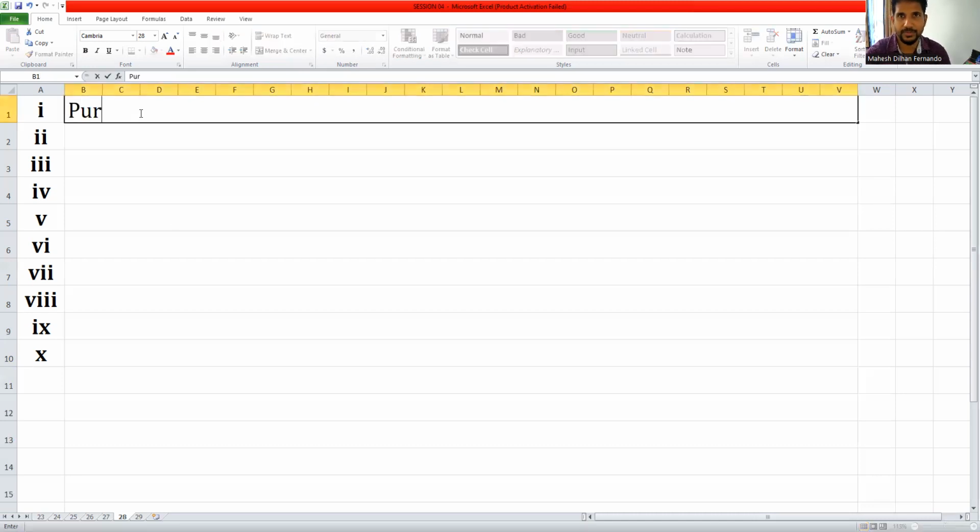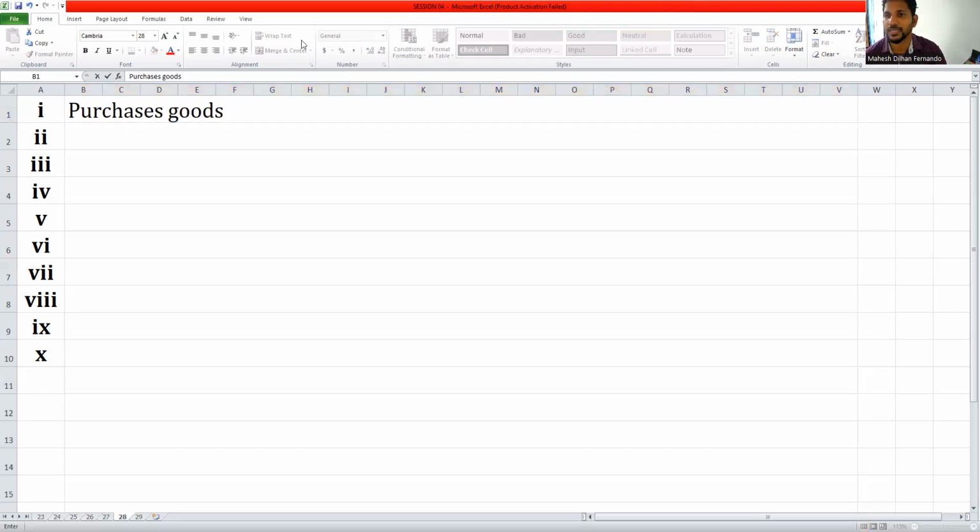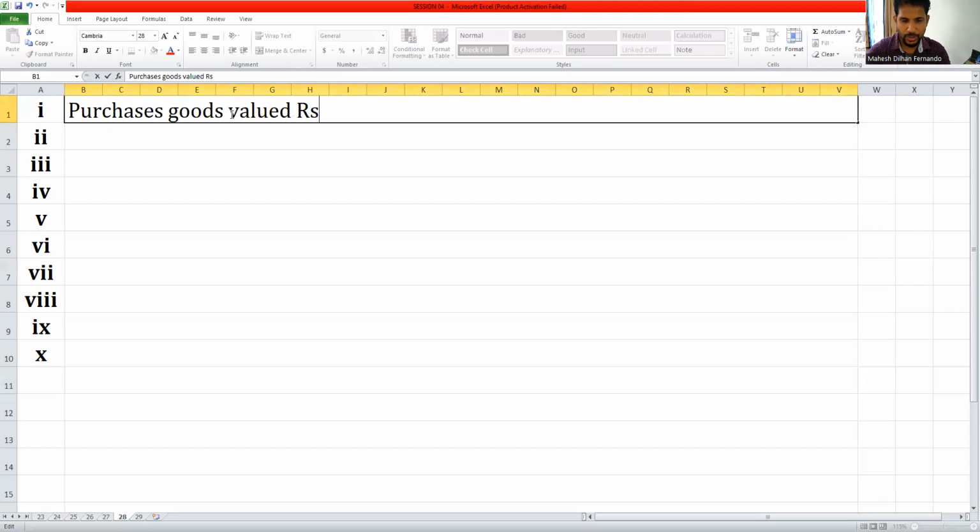Purchased goods valued rupees 30,000. Don't forget the keyword credit.